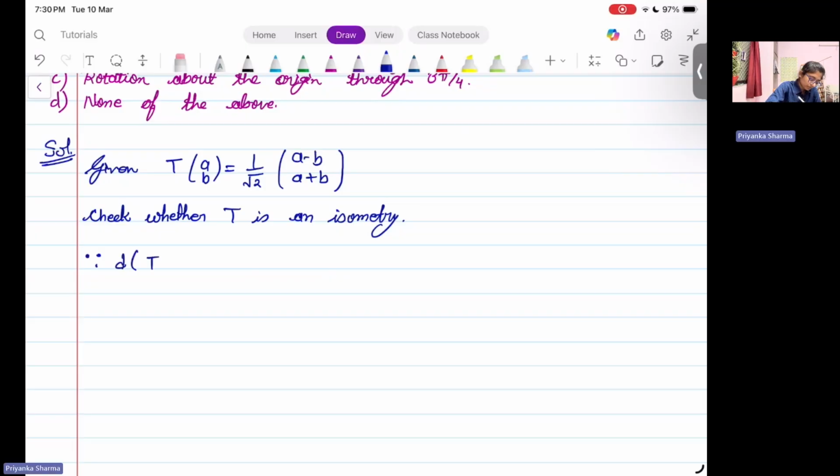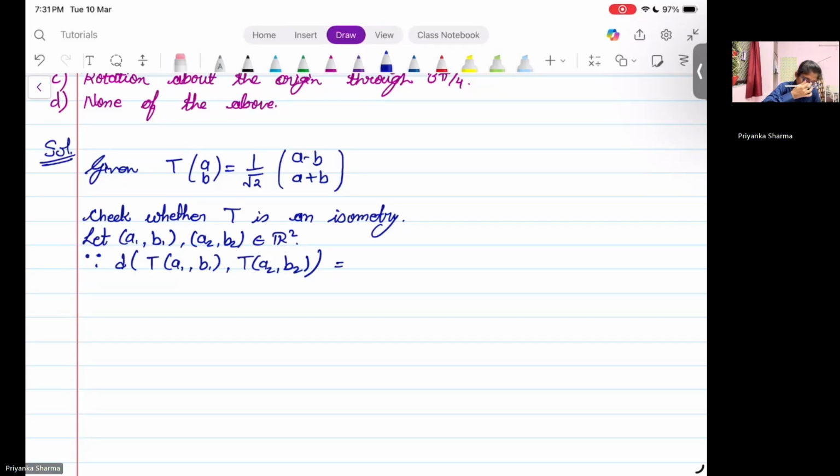Distance between T of (A1, B1) and T of (A2, B2). For this, we are taking these 2 points, (A1, B1) and (A2, B2), in R square. Okay, so what is the distance between their images under the map T?